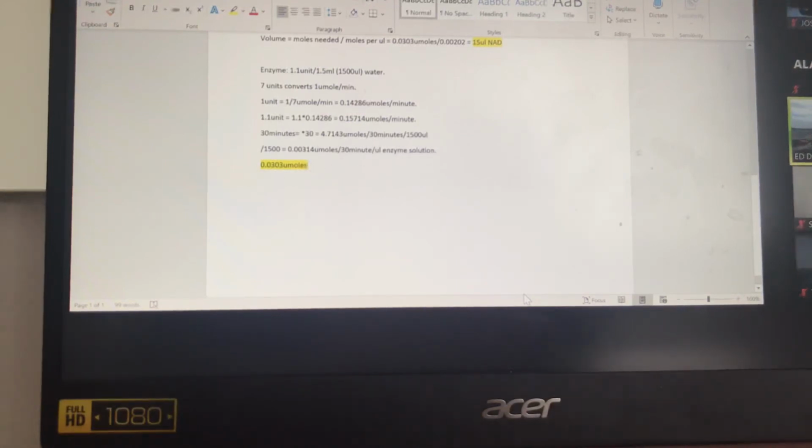So again, we take the number of micromoles we need to convert, divide it by the micromoles per microliter, and that gives us our volume, which gives us 9.65 microliters, which I'm just going to roughly round to 10 microliters of enzyme.